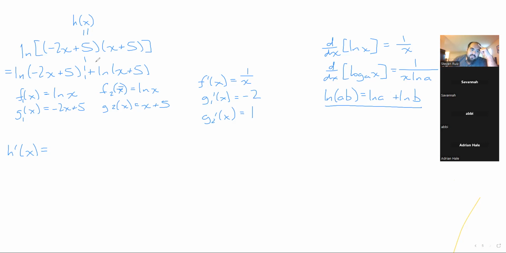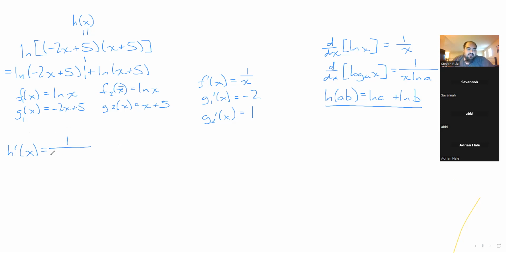Okay. So from there, can I start writing down what this overall derivative is? I know the derivative of the outside function is 1 over x, but my inner function is not as simple as x.